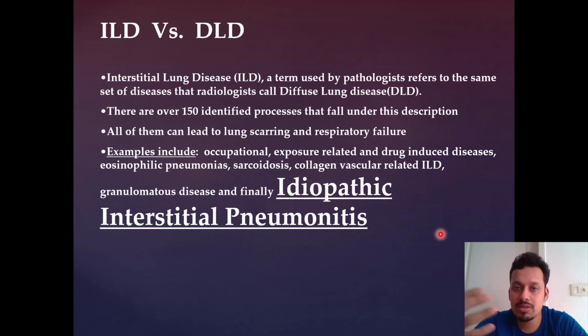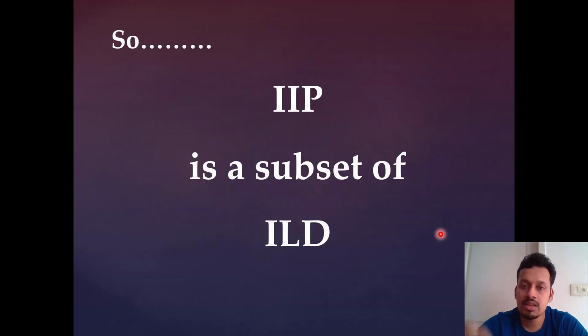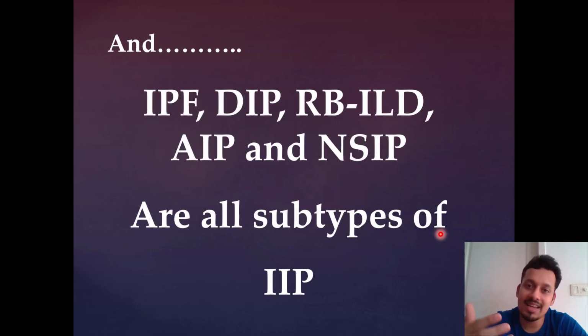So we already learned about the two terminologies of interstitial lung diseases. Basically, idiopathic interstitial pneumonia or IIP is a subset of ILD, and IPF, desquamative interstitial pneumonia, respiratory bronchiolitis associated interstitial lung disease, acute interstitial pneumonia and non-specific interstitial pneumonia are all subtypes of idiopathic interstitial pneumonia.